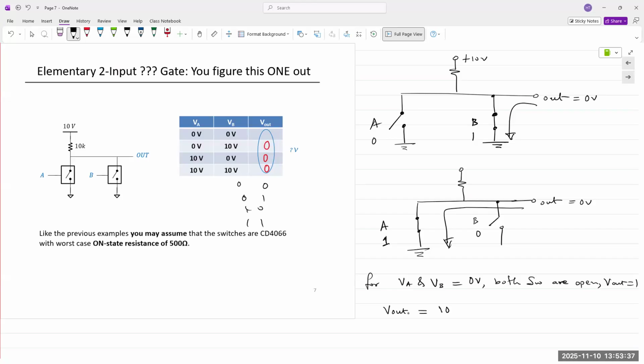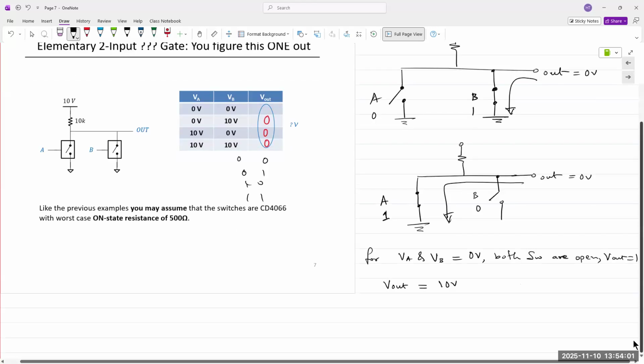It's 10 volts, because there's no current draining going on in there. But what you need to calculate is the drain resistance when the switch is closed. So if the switch is closed, then it forms a voltage divider network.